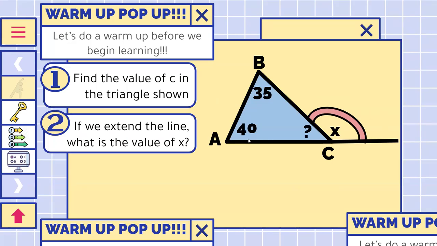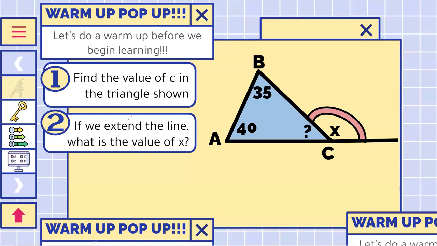Doing a check-in. First, to find out what C is, using what you've recently learned, you should have known that this mystery angle plus 40 plus 35 should have given you 180. If you combine 40 and 35 and got 75, plus our mystery gives you 180.